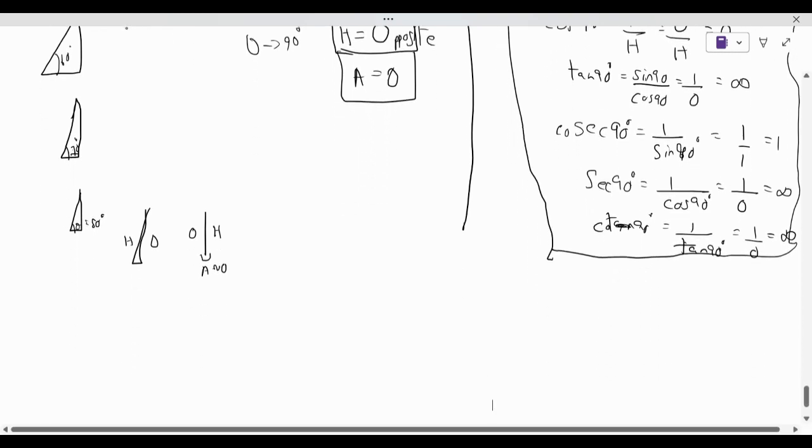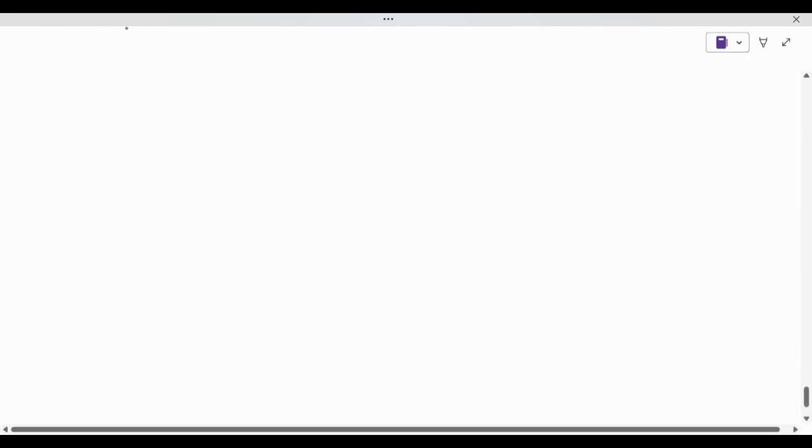Finally, I'm going to make a table, and I'll give you a mnemonic. Mnemonic means a memory technique where you can learn to memorize the values. Let this be theta.